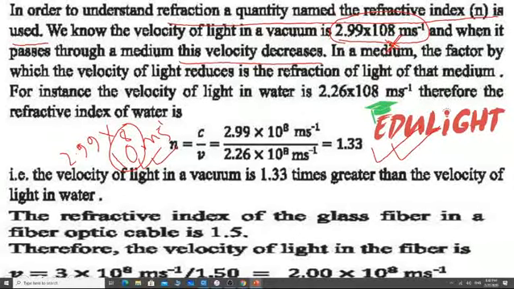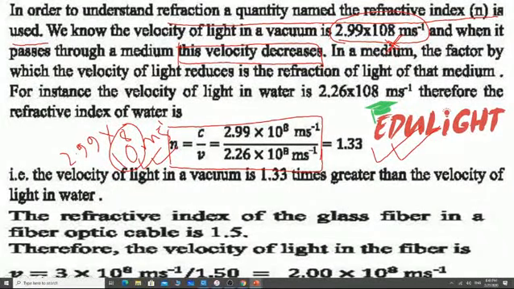You can see from here. In your present syllabus it has been denoted as n, but you can denote refractive index with this symbol also.